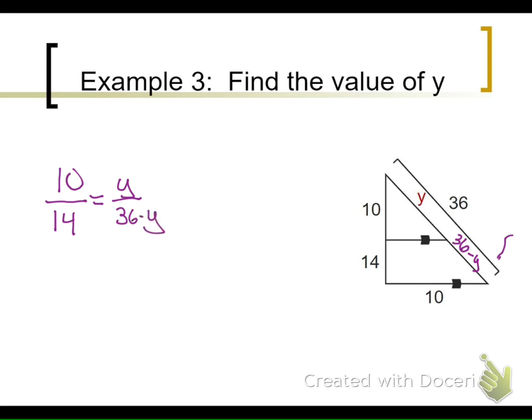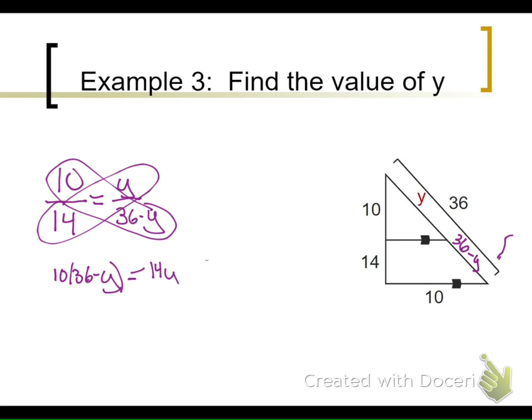And then we cross multiply again. 10 times 36 minus y equals 14 times y. I'll do the first part: 360 minus 10y equals 14y. What do I do next?